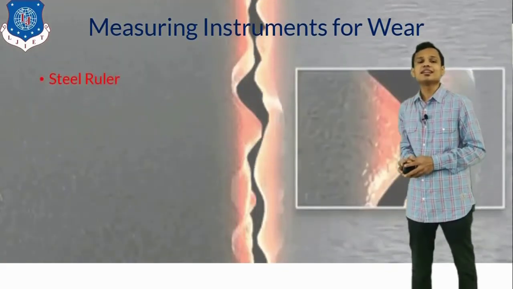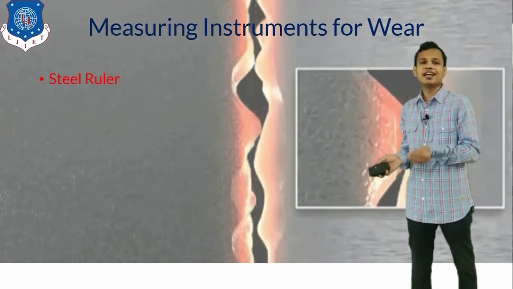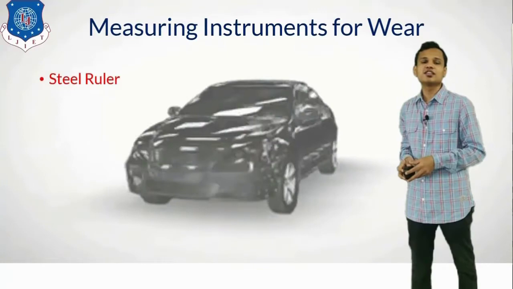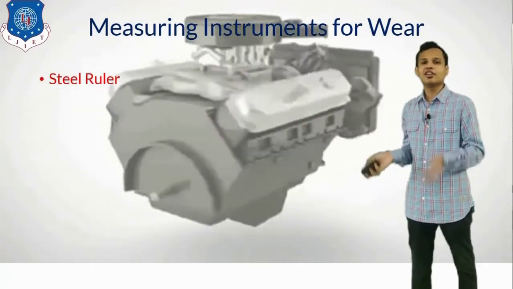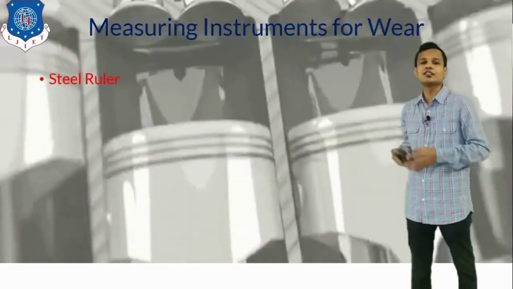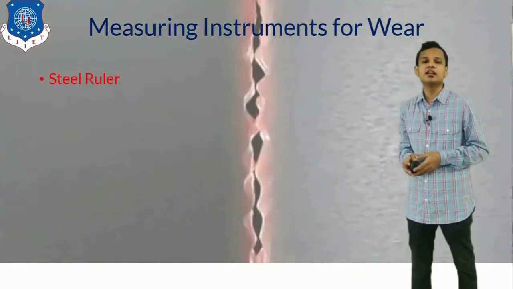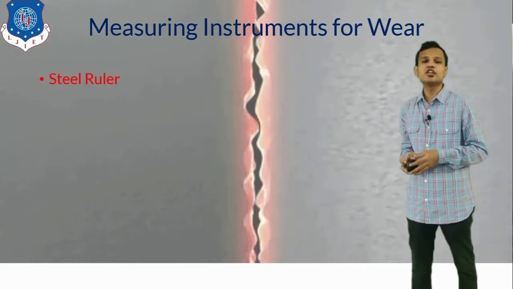For that there are certain common instruments required to measure wear. The first is the steel ruler. We have always used the steel ruler from our school days, but it is not a precise or accurate instrument, so it is not generally used.